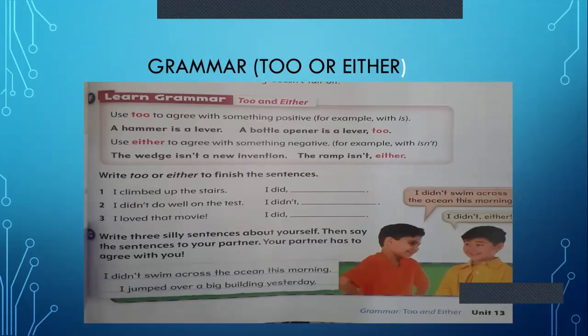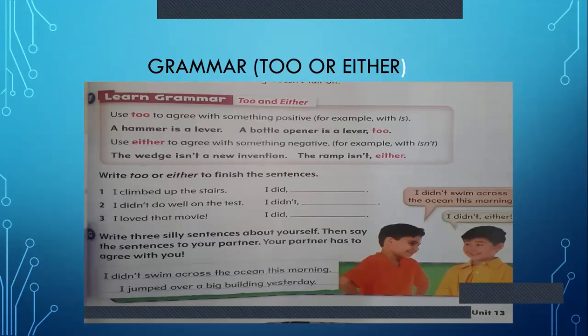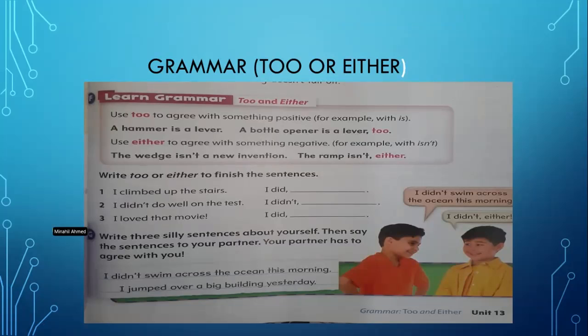Next, use "either" to agree with something negative, when the statement is negative, for example, with "isn't". When the statement is with "is" and there is no negativity in the statement, then you will be using "too". When the statement is negative with "isn't", you will use "either" at the end.